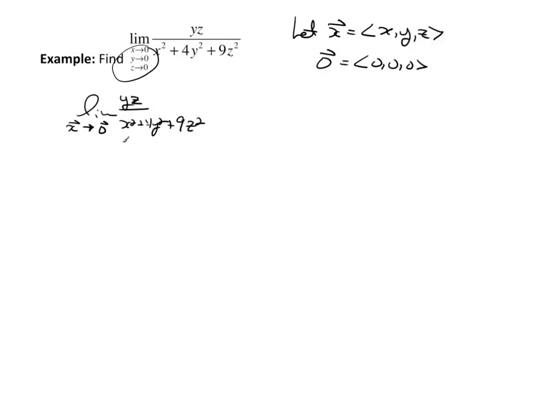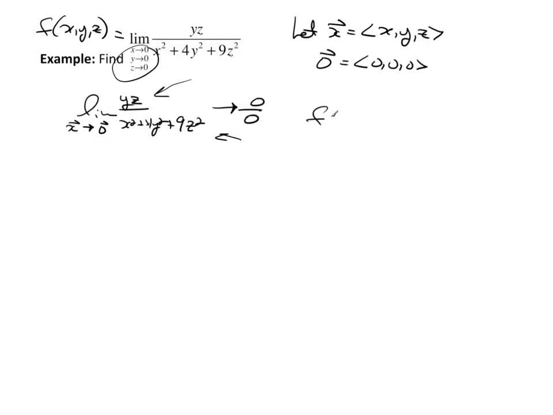Well, clearly, if x, y, and z are all going to 0, I'm going to end up with 0 over 0, which is a problem. But individually, the numerator is a polynomial and the denominator is a polynomial. So once again, let me call this f of x, y, z.